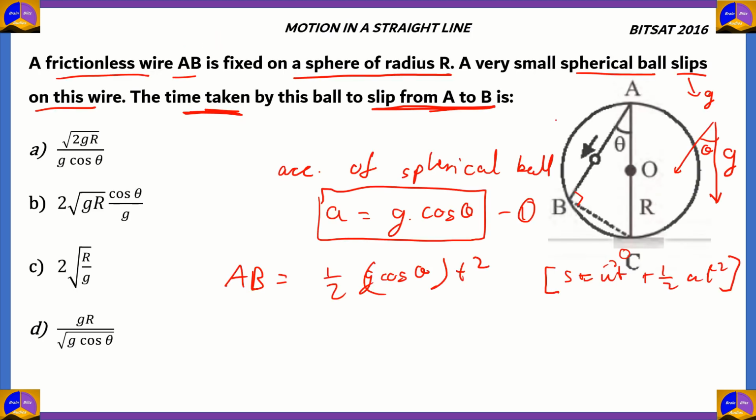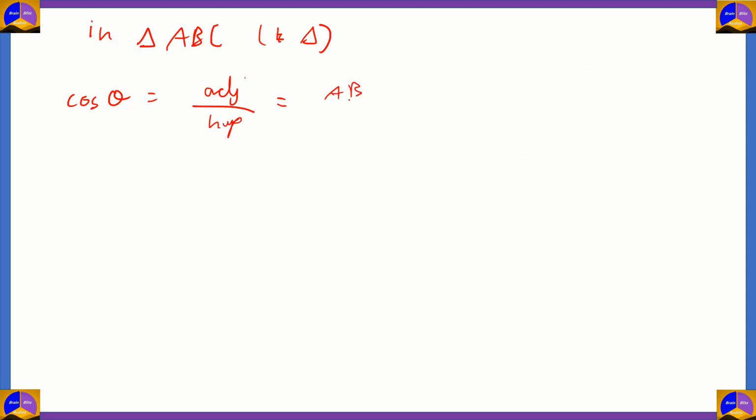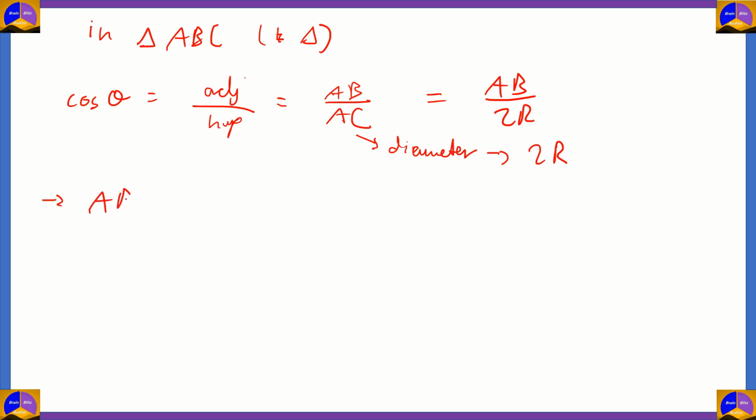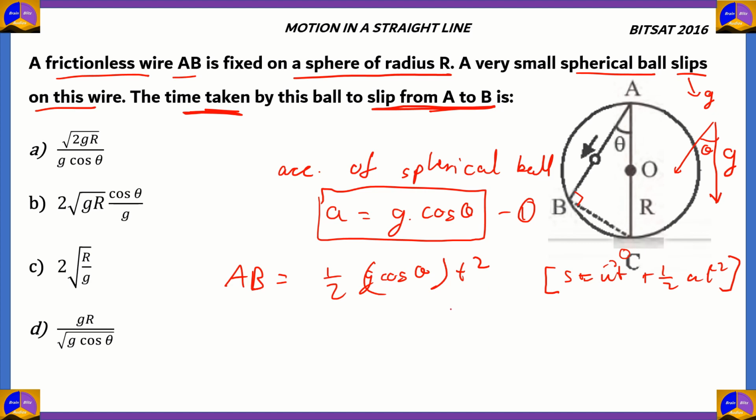In this particular case, the adjacent side is AB and the hypotenuse is AC. And AC is the diameter of that sphere, so its value will be equal to 2r. So the value of cos theta is AB divided by 2r. That means the value of AB is equal to 2r times cos theta. Let's consider this as equation 3, and AB equals half g cos theta t squared as equation 2.